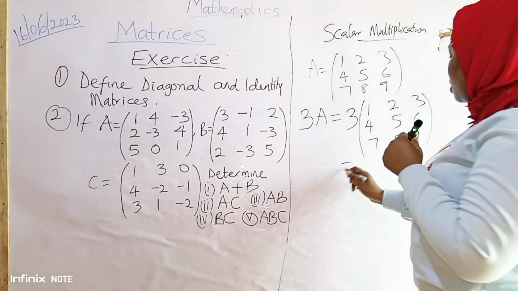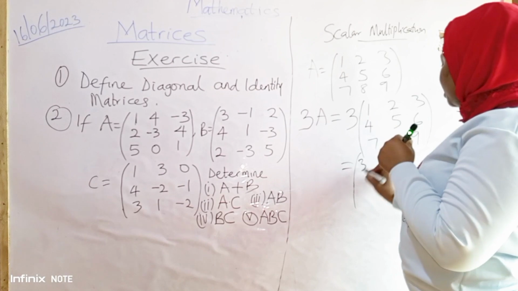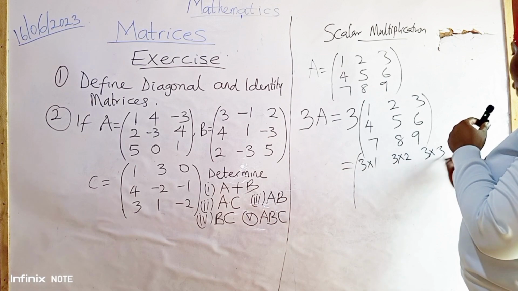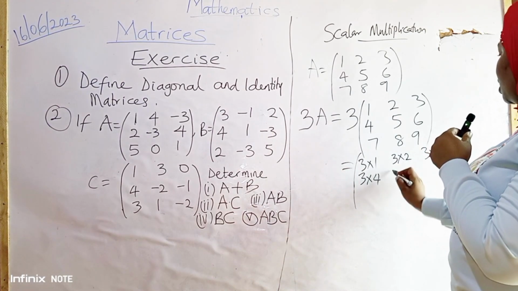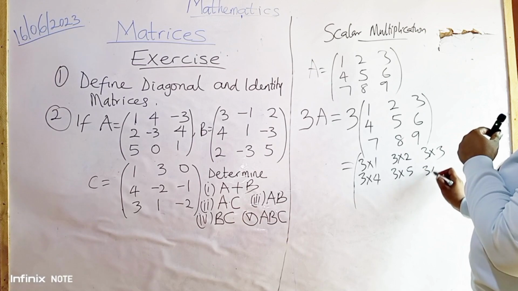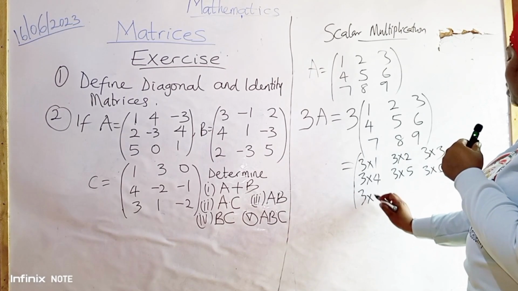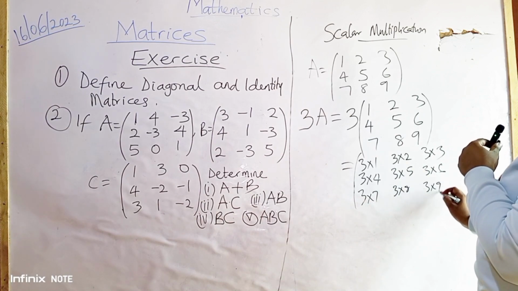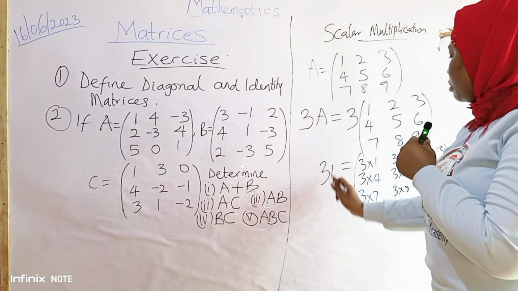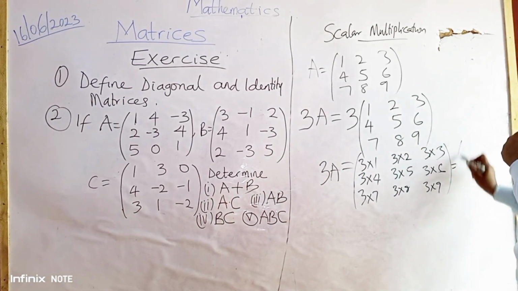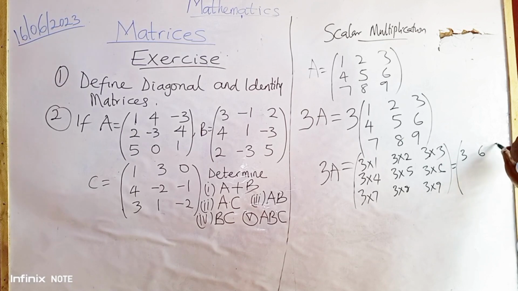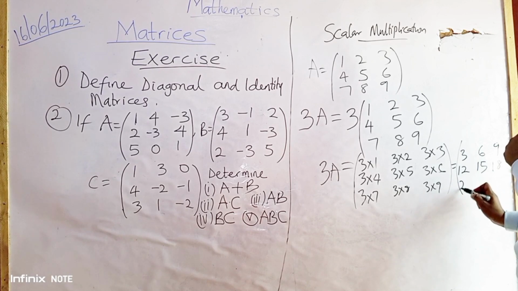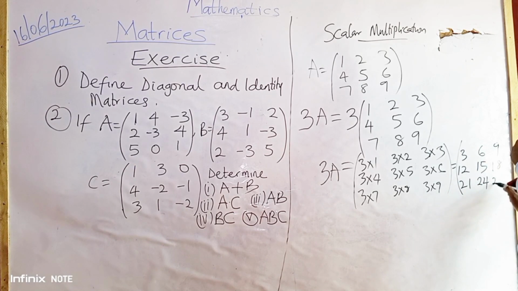You are going to multiply all through by 3. 3 multiplied by 1, 3 multiplied by 2, and so on up to 3 multiplied by 9. And the answer is going to be 3, 6, 9, 12, 15, 18, 21, 24, and 27.